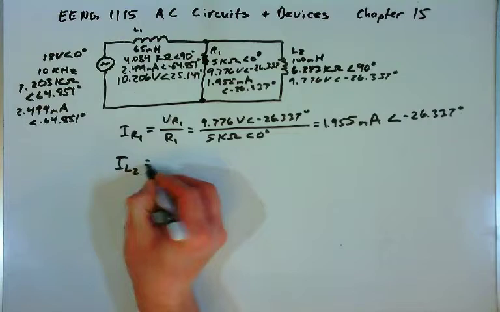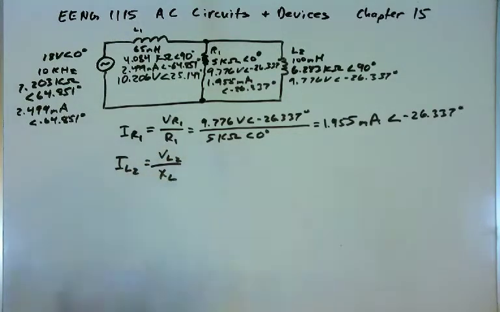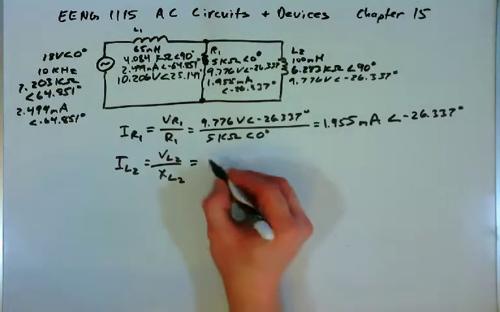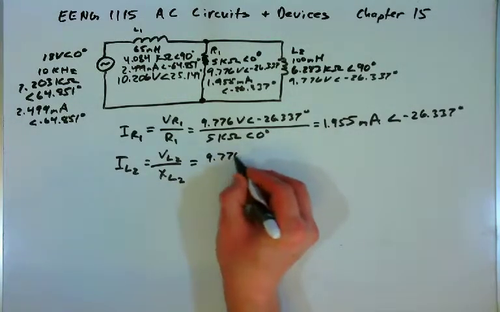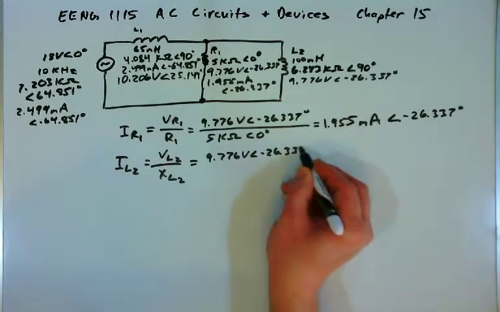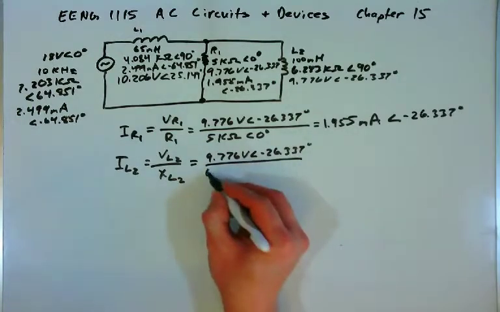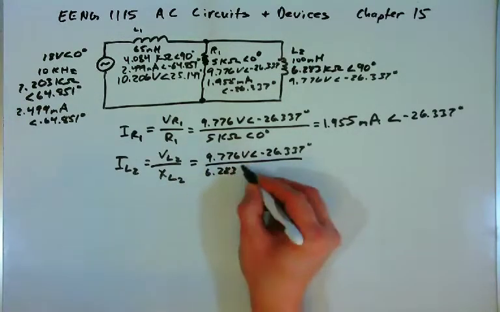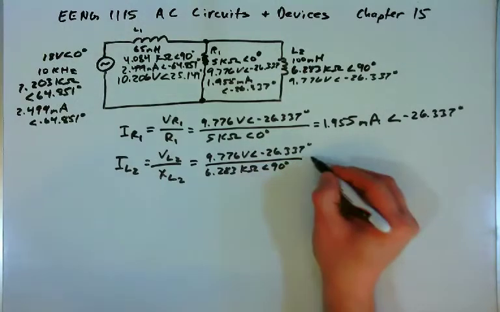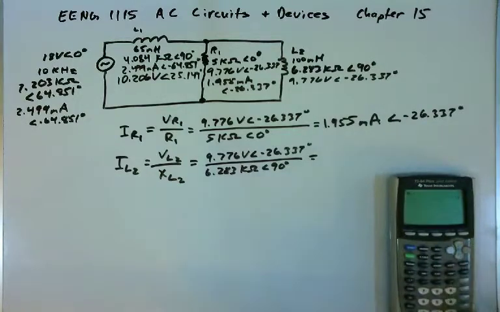The current through inductor 2 will be the voltage drop across inductor 2 divided by the inductive reactance of inductor 2. So we have the same voltage, 9.776 volts, at an angle of negative 26.337 degrees, and we will divide by 6.283 kiloohms at an angle of 90 degrees. We'll divide the magnitudes and subtract the angles.